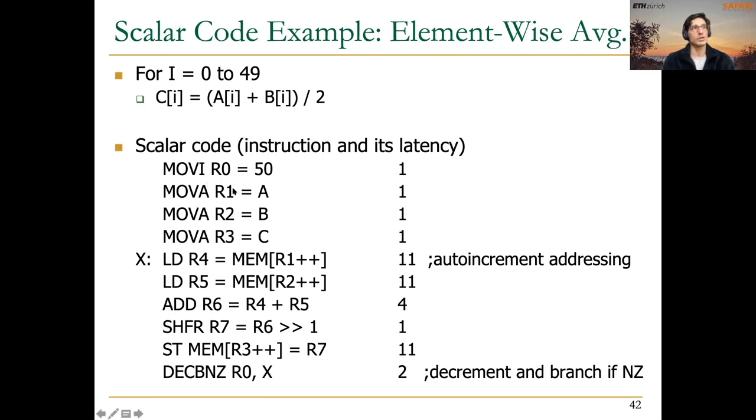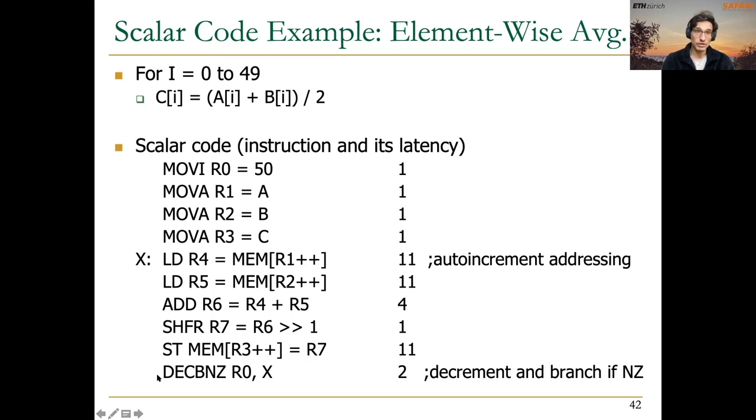Then we have 3 registers to store the addresses of A, B, and C. And now you can see here the body of the loop. First of all, loading from whatever memory position stores the element of A, loading the element of B, we add them here. Now we shift right, because dividing by 2 is essentially shifting 1 bit to the right, as you know, and then we store.